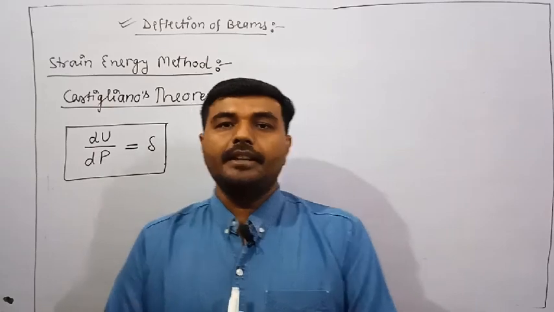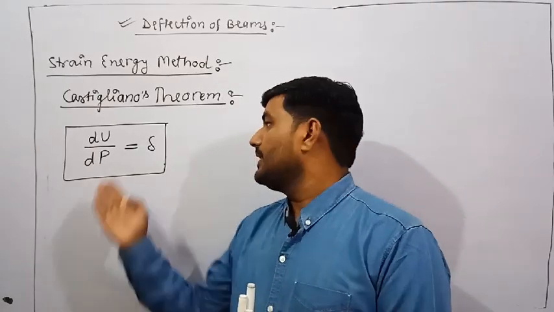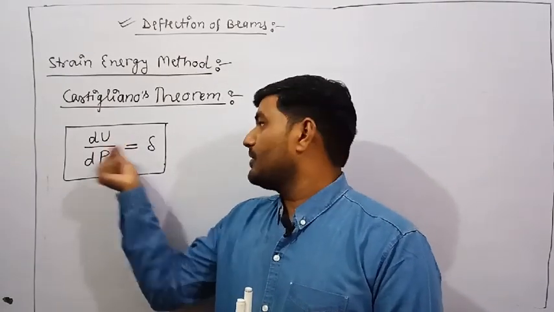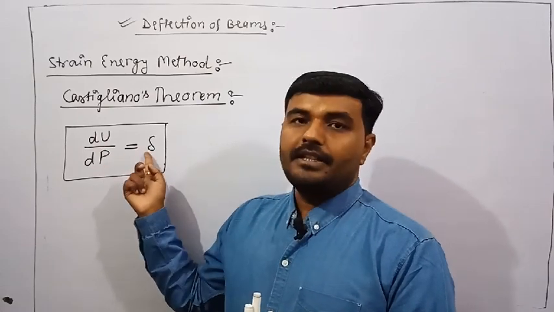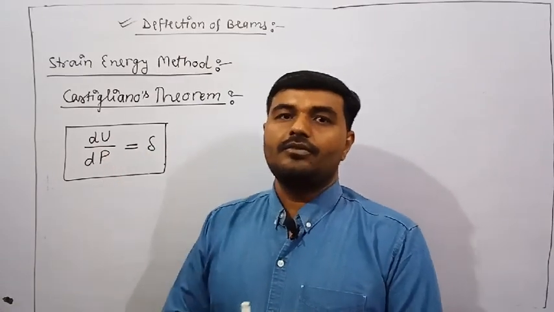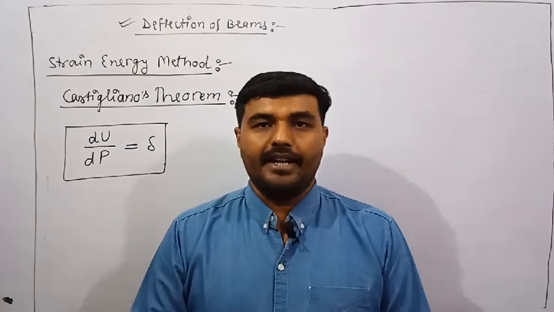I am again repeating, according to this theorem, the rate of change in strain energy with respect to load gives the deflection under the action of force, or in the direction in which force is applied.